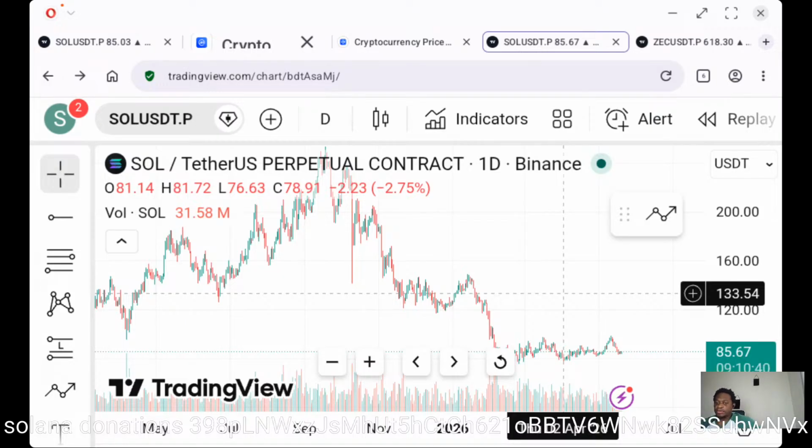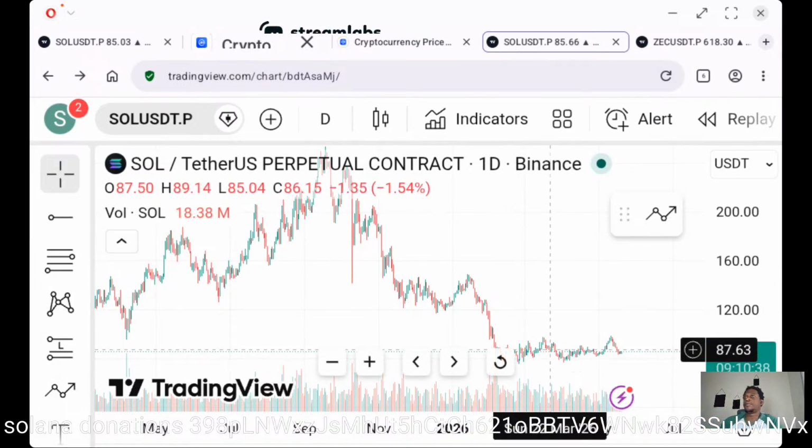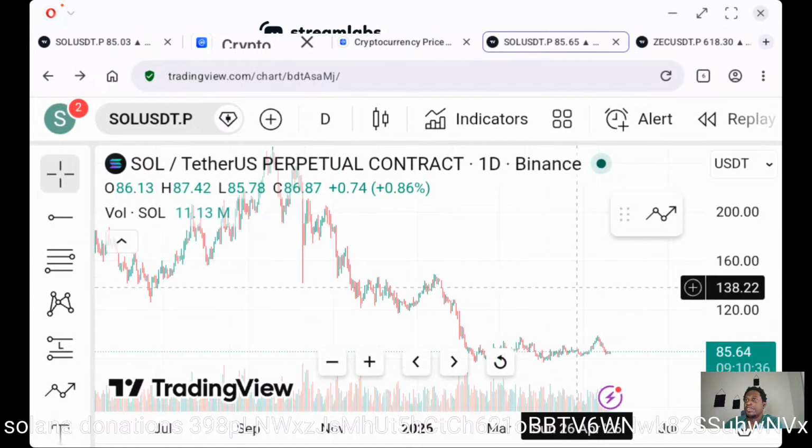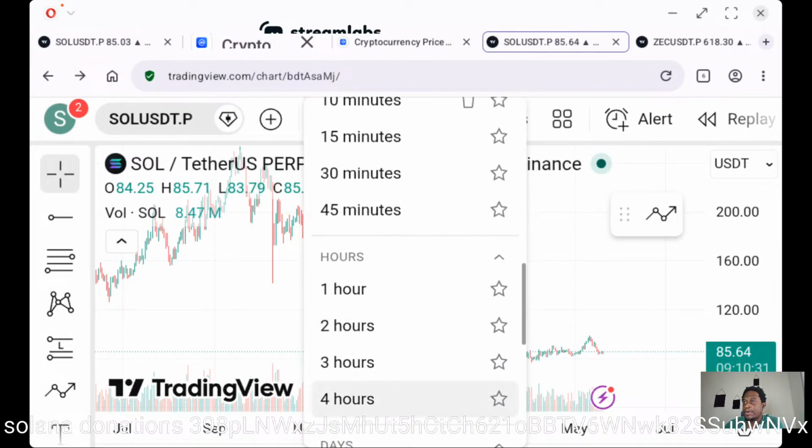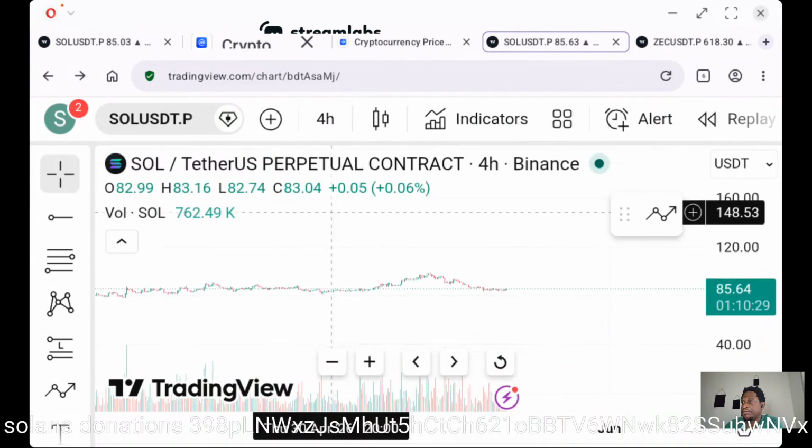We are waiting for some price action. We're not presented with any at the moment, so let's go back to the 4 hour and put things in perspective.